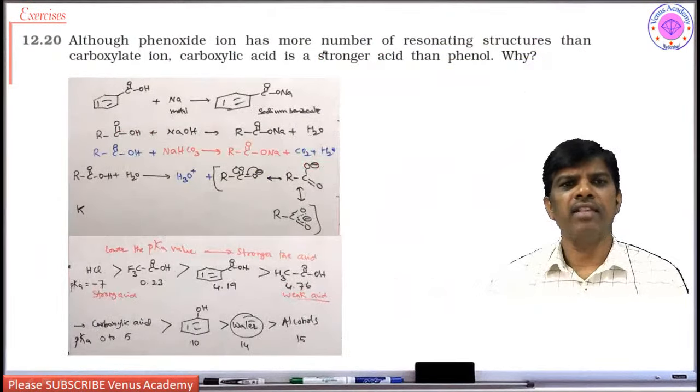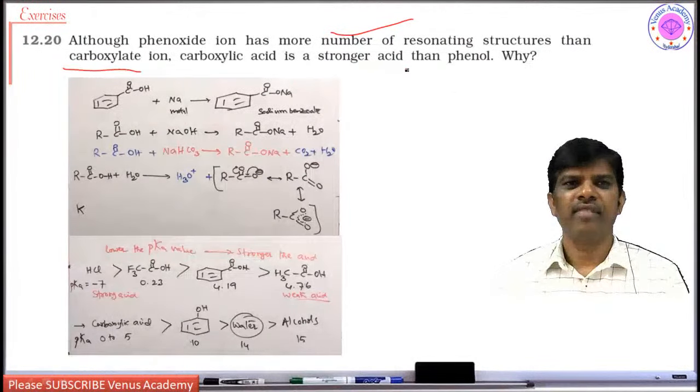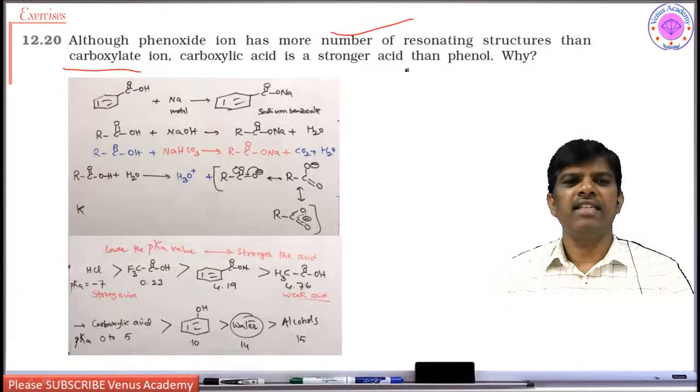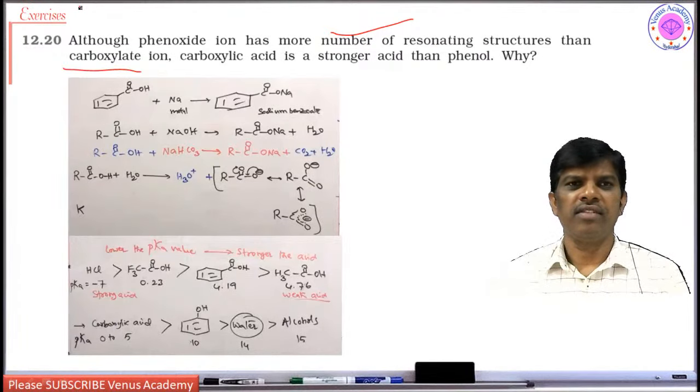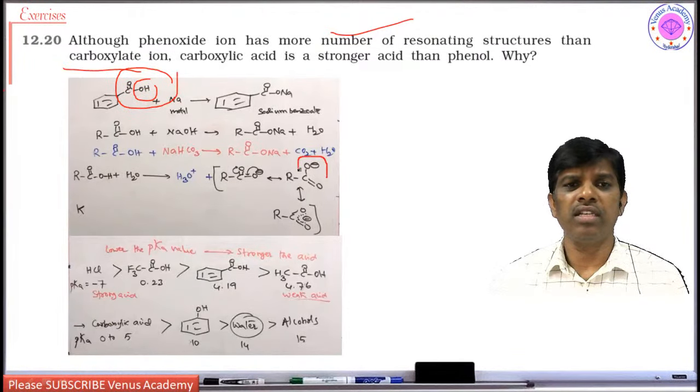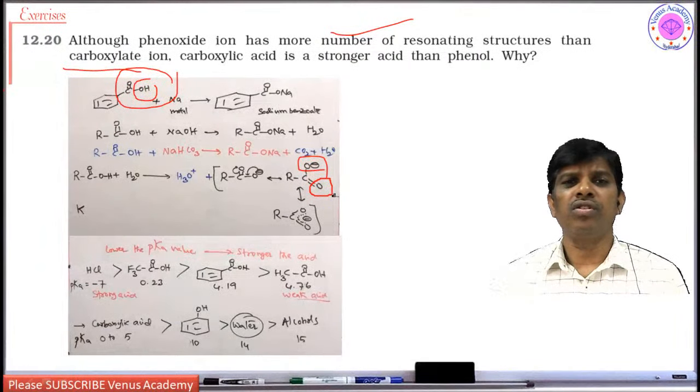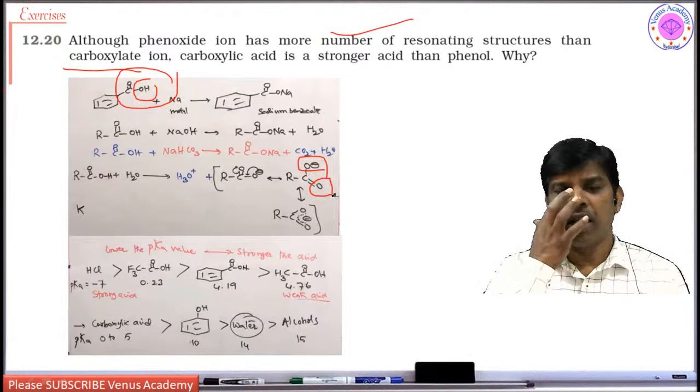Although phenoxide ion has more resonating structures than carboxylate ion, carboxylic acid is a stronger acid than phenol. Why? Carboxylic acids are stronger acids than phenols, because phenol has ring resonance structures, whereas in carboxylic acid the carbon bearing the hydroxy group is itself resonance stabilized because of two oxygens. That is why carboxylic acid is stronger than phenol.